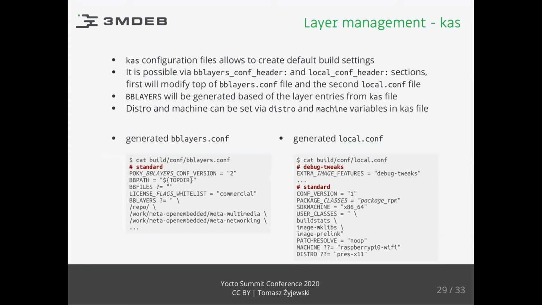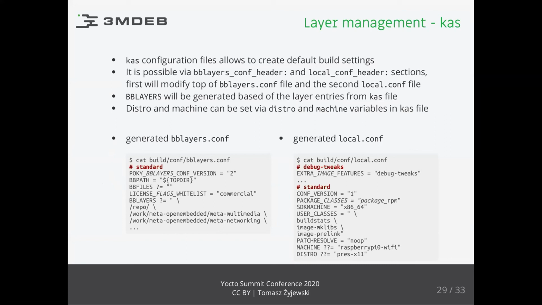Okay. When it comes to local configuration files, returning to the bblayers.conf file, the beginning of this file can be defined inside the Kas configuration file by the variable bblayers_conf_header. So if we set in bblayers_conf_header things like BBFILES and BBPATH, it will be copied into the build/conf/bblayers.conf file.